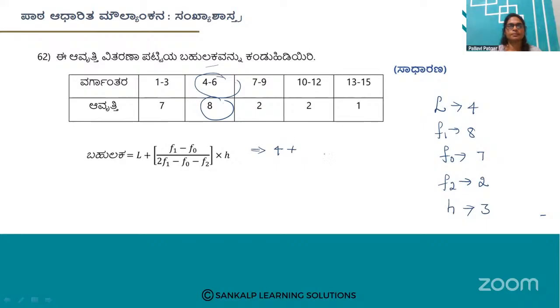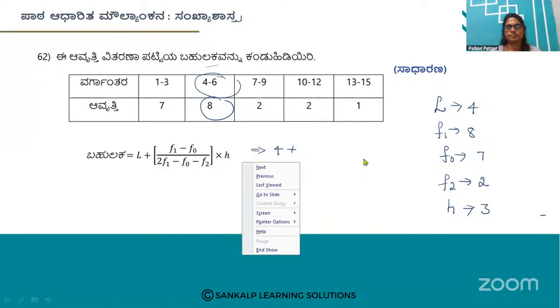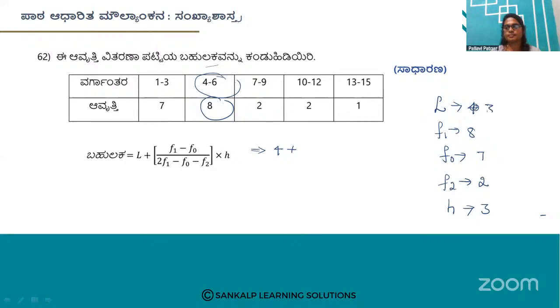Four plus, here 3.5. So 3.5 plus (F1, 8 minus 7) divided by (2 into 8 minus 7 minus 2) into 3.